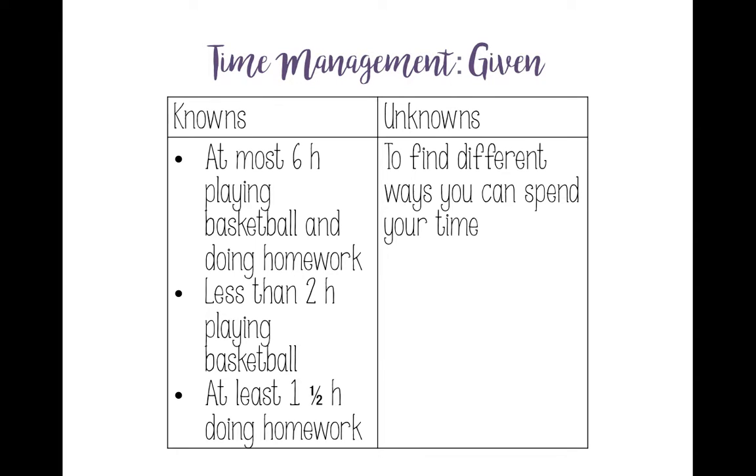So first we want to list what we're given. The knowns are that you want to play at most 6 hours playing basketball and doing homework. You want less than 2 hours playing basketball, and you want to do at least 1.5 hours of homework. And you're going to try and find different ways you can spend your time.